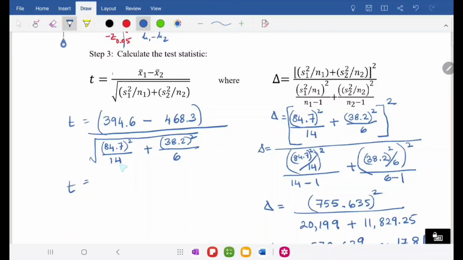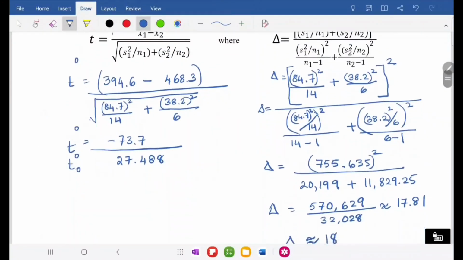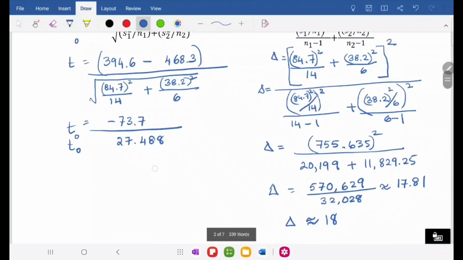So let's continue. We will end up with a numerator value of negative 73.7 divided by 27.488. So our t sub 0 final answer is negative 2.681.